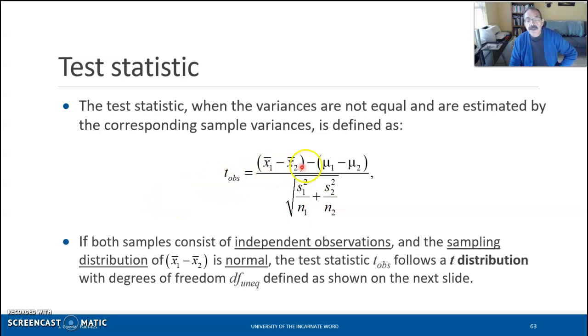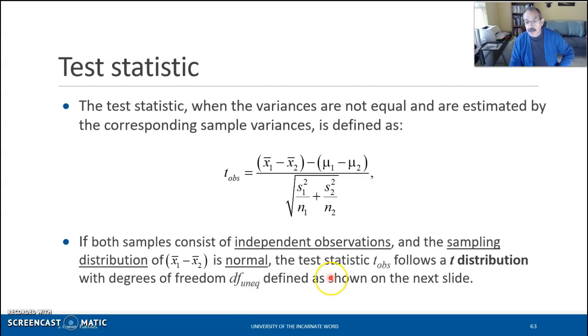Now, if the two samples from where these statistics are calculated consist of independent observations, and the sampling distribution of the difference of sample means is normal, either because the sample sizes are bigger than 30, or because the samples come from normal populations, then this test statistic follows a t-distribution with degrees of freedom that we're going to call df unequal.